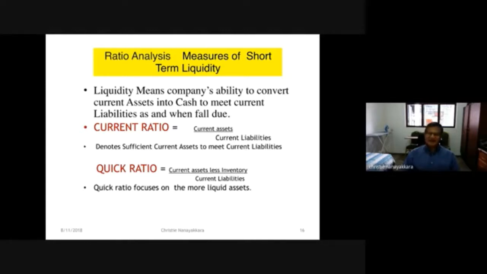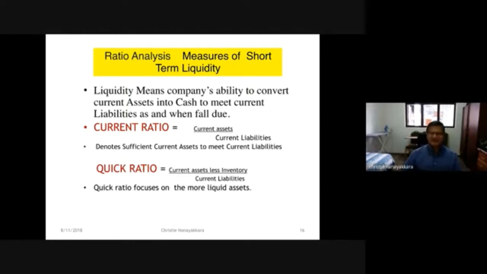So generally bankers are very happy if at least his current assets have double the value of current liabilities. What it denotes is sufficient current assets to meet current liabilities. So in this ratio analysis, what we are looking at is current assets are always more than the current liabilities, sometimes double.